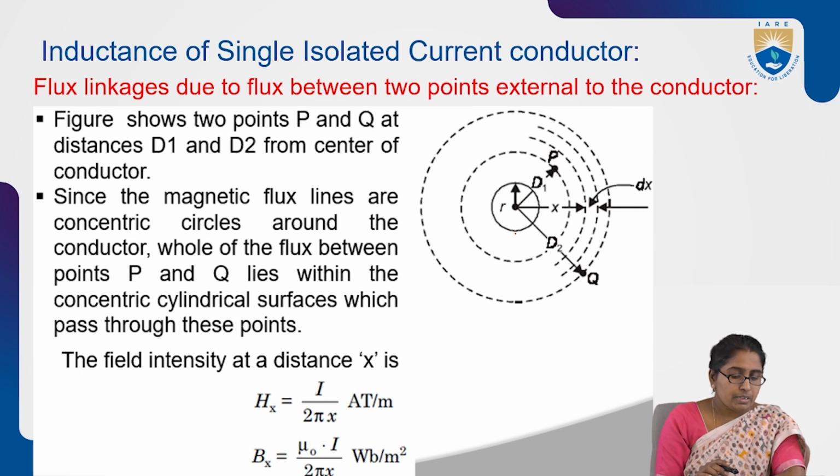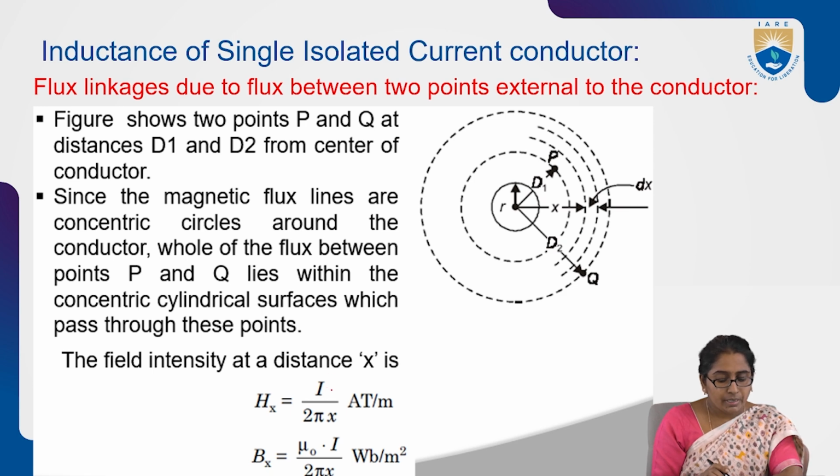Now we know that magnetic flux lines form concentric circles around the conductor. The magnetic field intensity at a particular distance x meters, considered between the 2 points P and Q, is denoted H suffix x, which is given by I by 2 pi x.